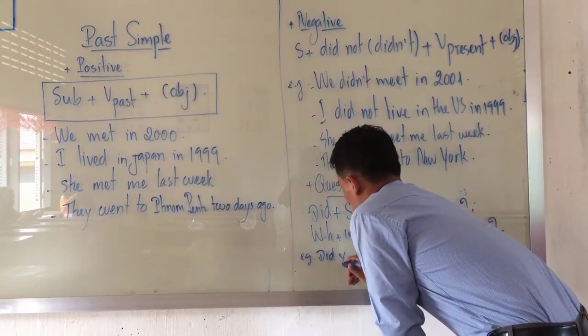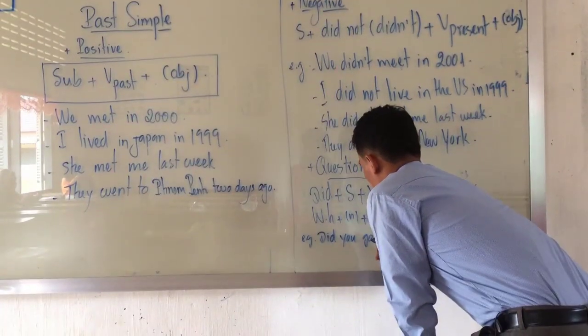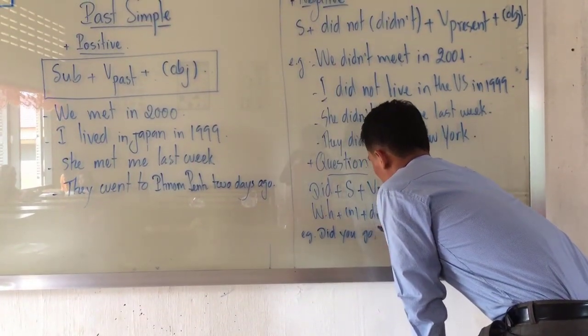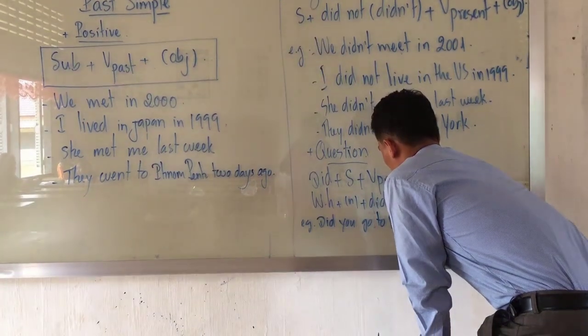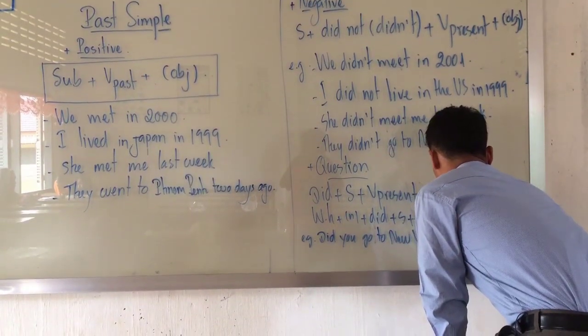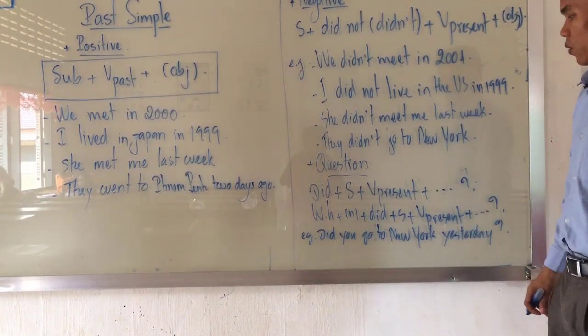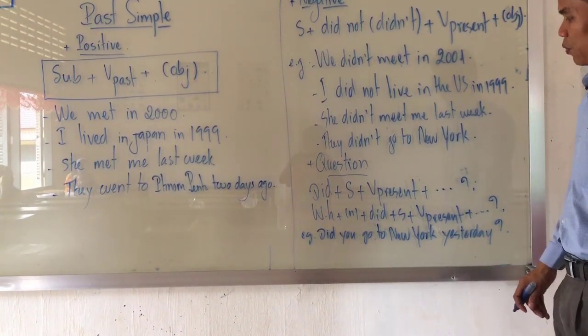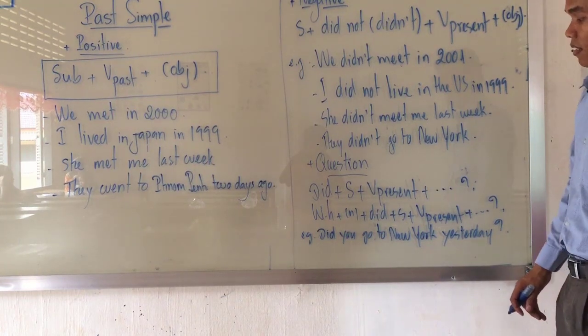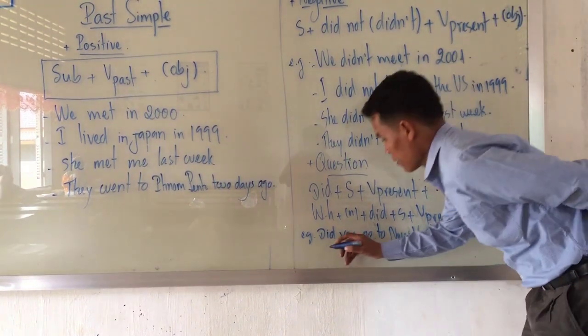Example: Did you go to New York? Yeah, today. If you went to New York, you answer, yeah, I did. If you did not go to New York, you answer, no, I didn't.